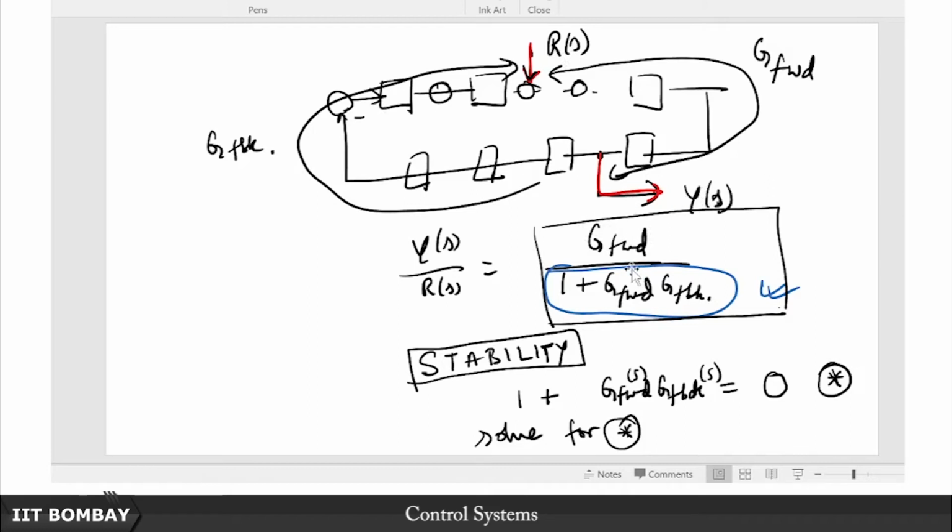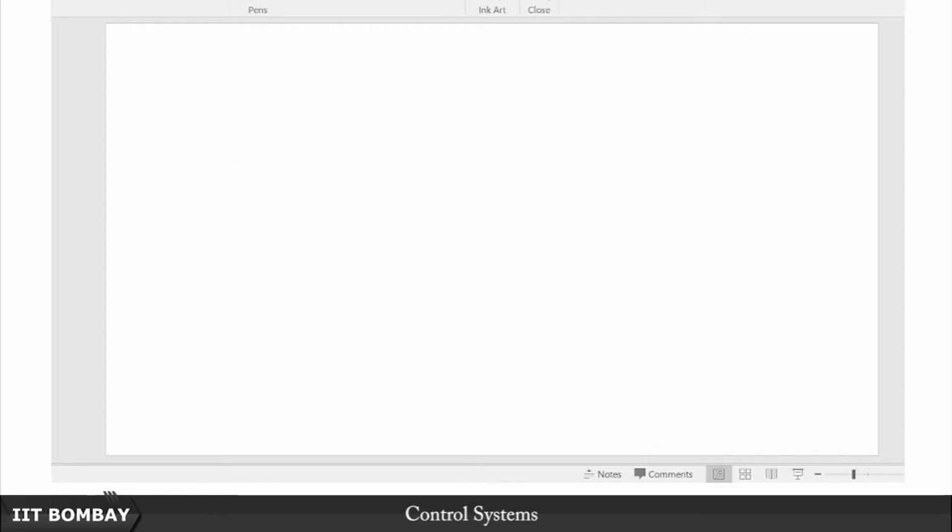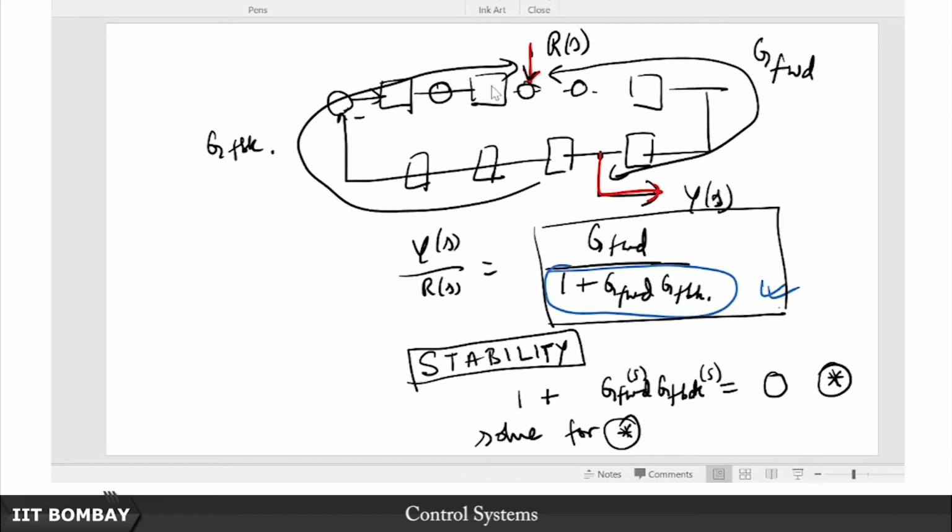Now this is not all. What if you actually want to see this as an equivalent unity feedback? How do you do that? So here is how. Once you have reduced this block diagram to this form, this can now effectively be lumped together in this form, where this we call G forward, again I am omitting s for brevity's sake, and this we call G feedback.